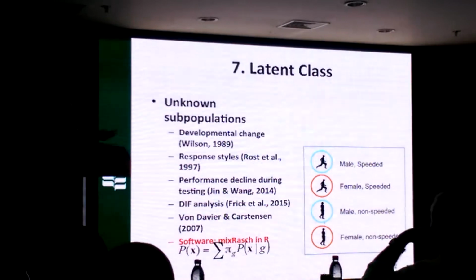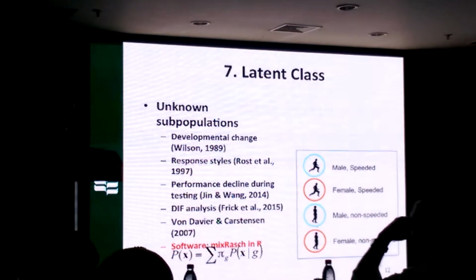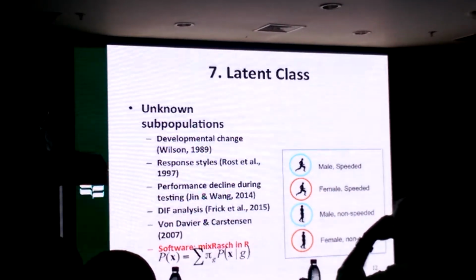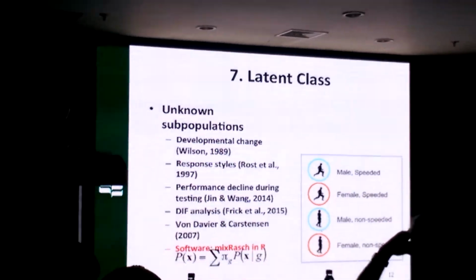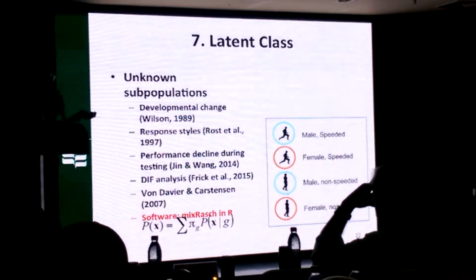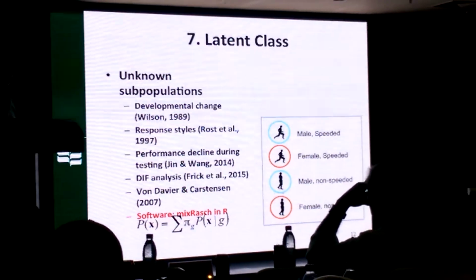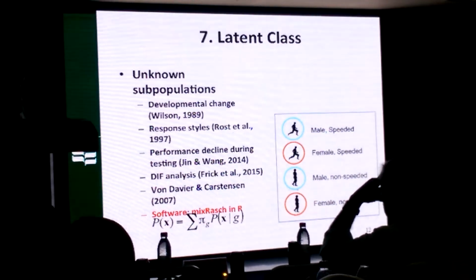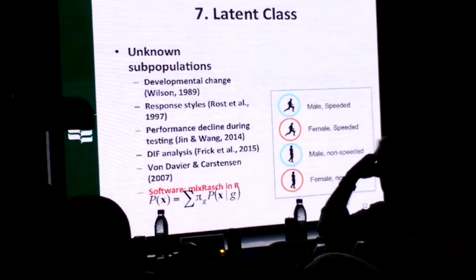Sometimes it's because of their speediness. Some males run faster than females, right? And of course, some females run faster than males. It's possible. That means that we didn't observe their speediness in this example, but all we observe is their gender.